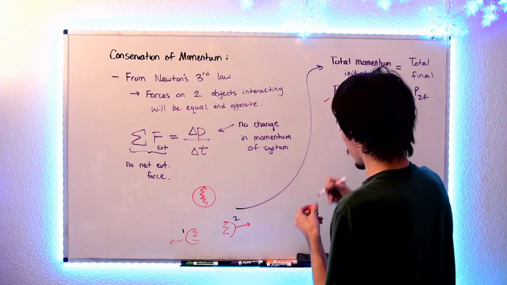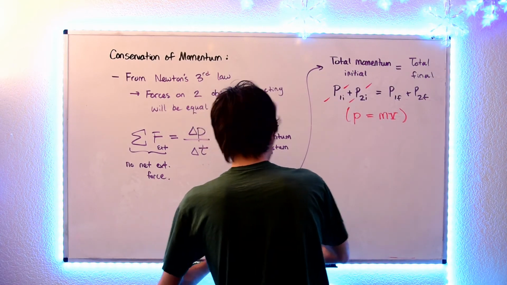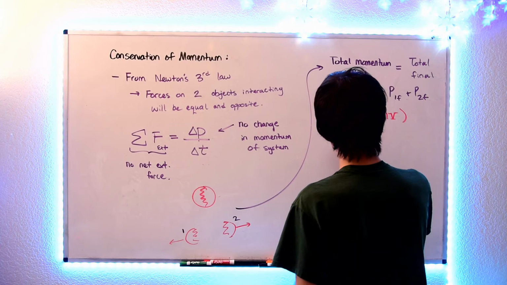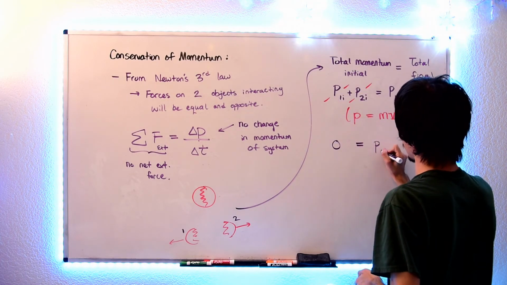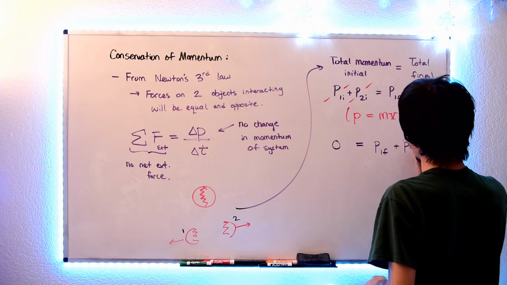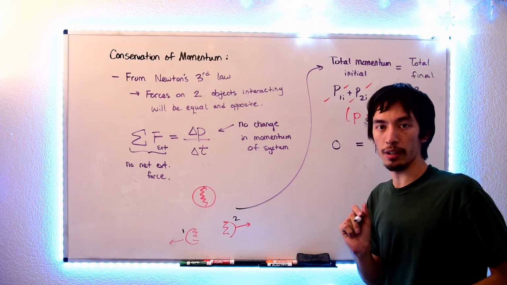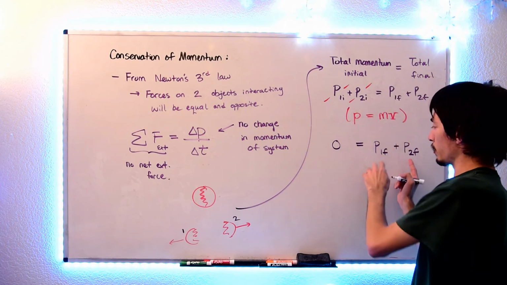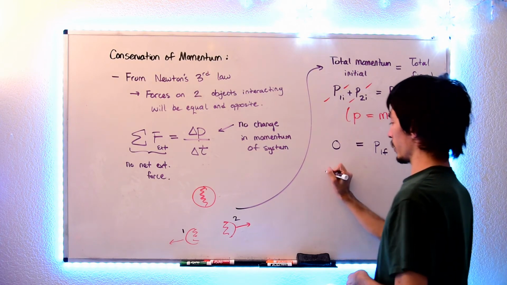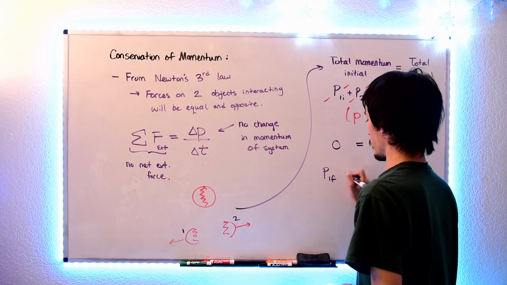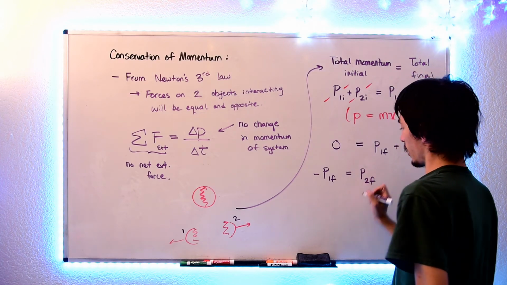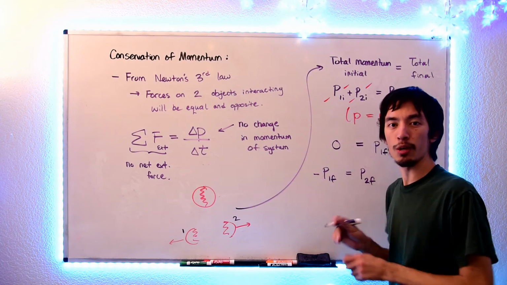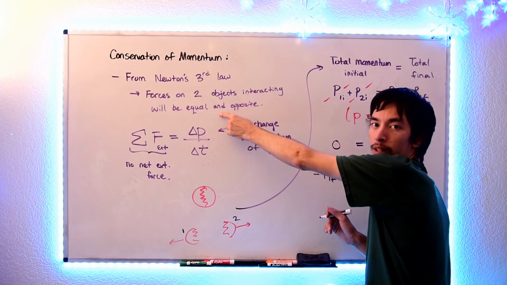So the total momentum initial is 0, but it's equal to the momentum of 1 final plus the momentum of 2 final. If you just solve this by moving something over, it says that the momentum of one of them is equal and opposite to the momentum of the other one. Equal and opposite reaction.